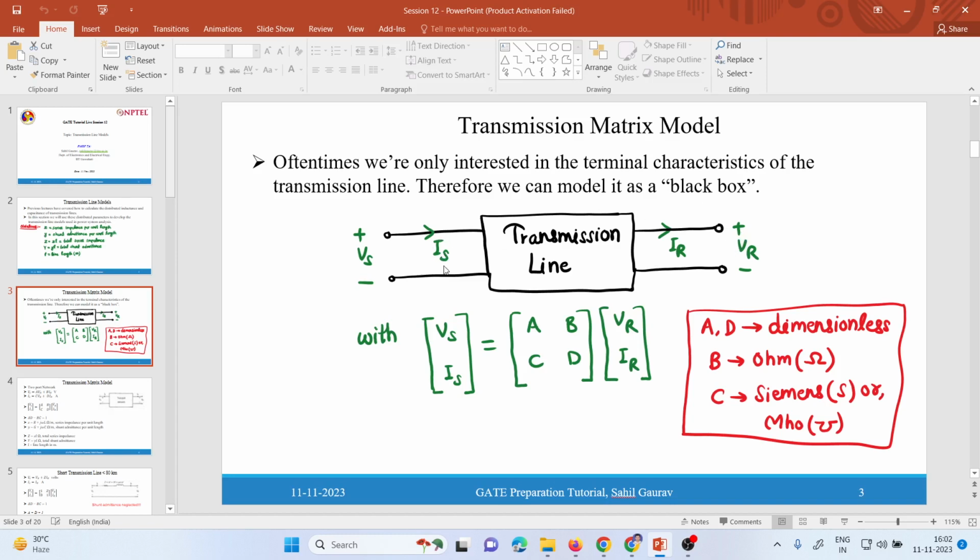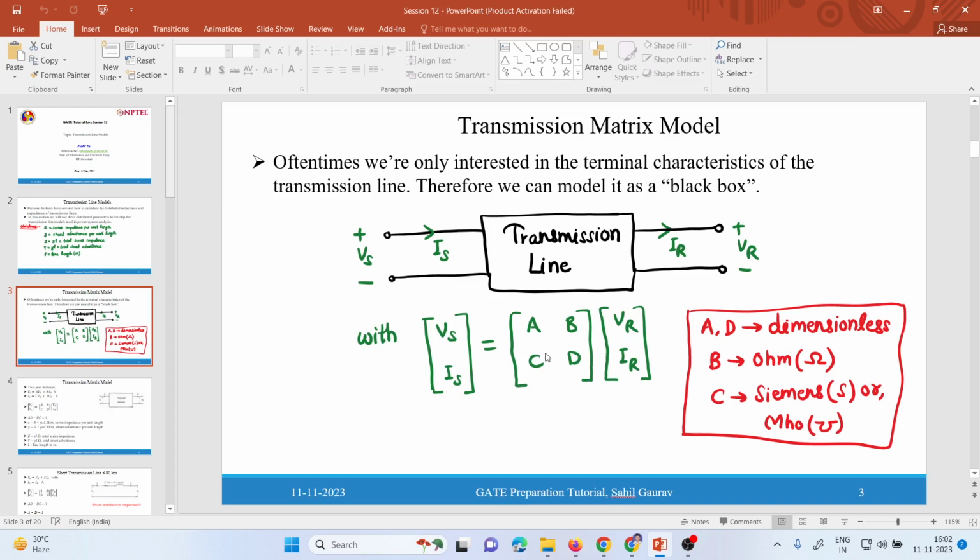Two parameters should be known so that you can find the other two parameters with the help of ABCD parameters. So in this session, we are going to see how we can find the ABCD parameters for short transmission line, medium transmission line, and long transmission line.